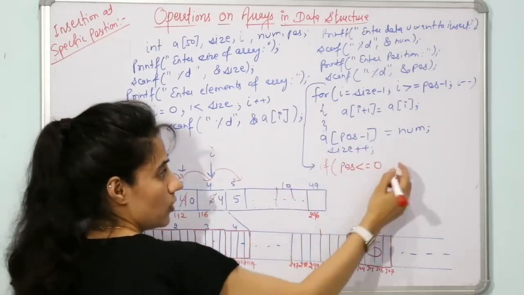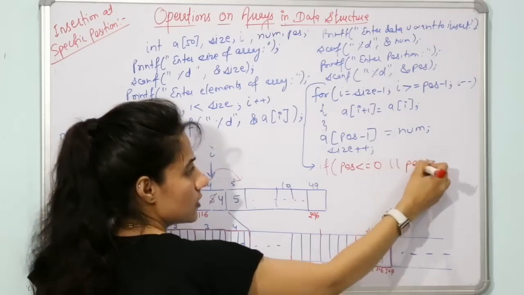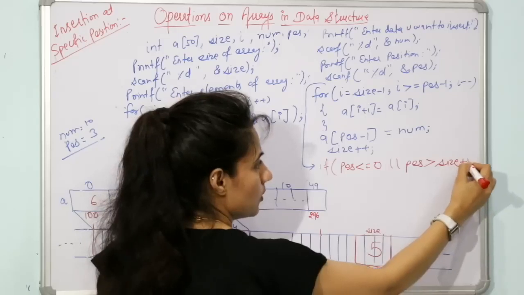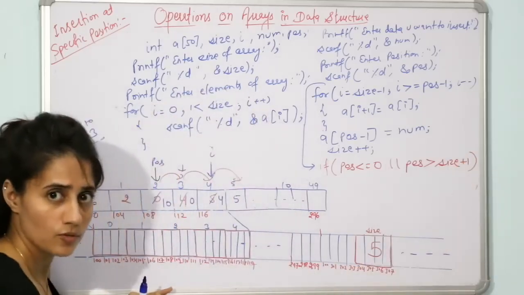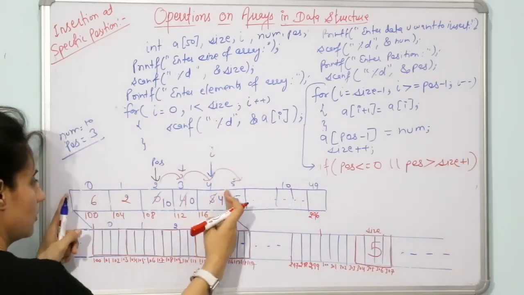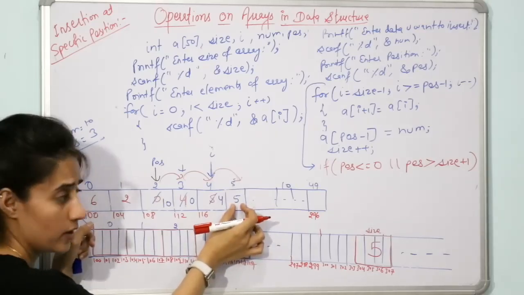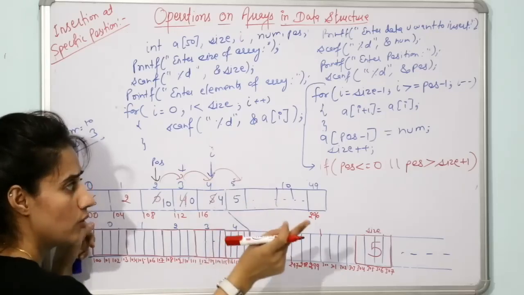So position is less than or equal to 0, or position is greater than size plus 1, fine, because size is 5, so here also you can insert at the 6th position, that is also fine, but after size plus 1 you cannot insert.